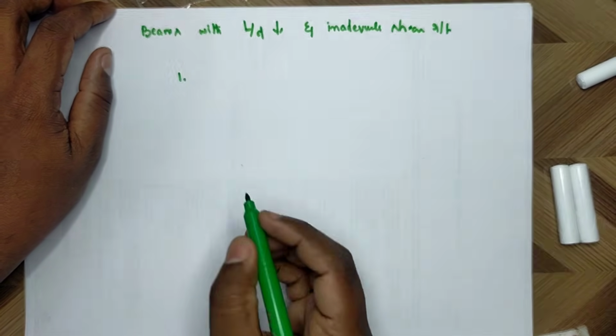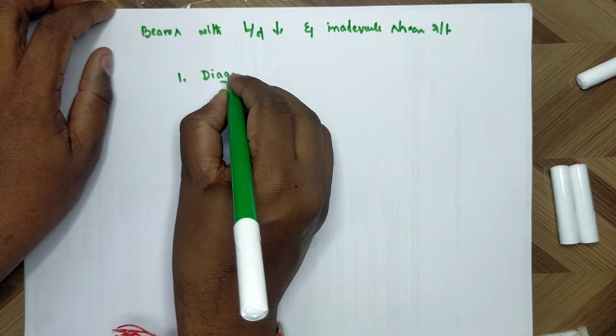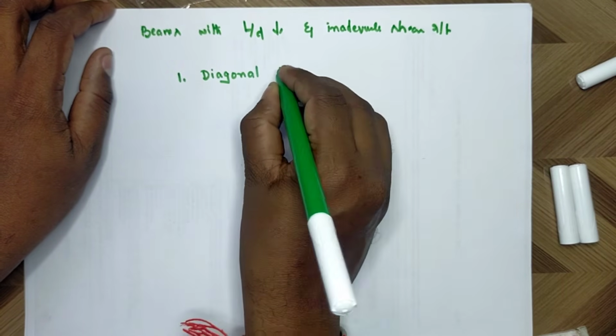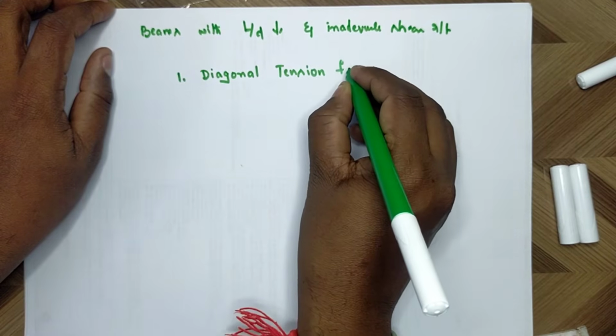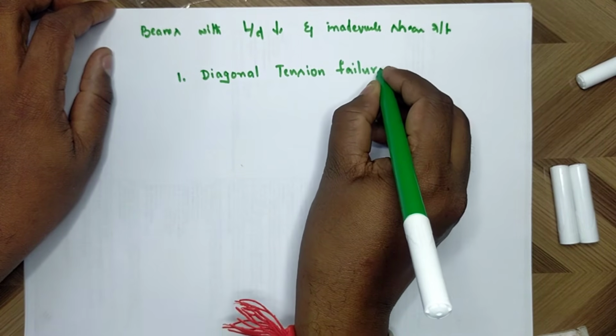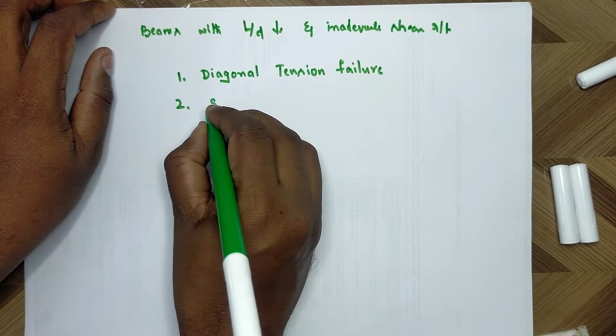First one, diagonal tension failure. Second one, shear compression failure.